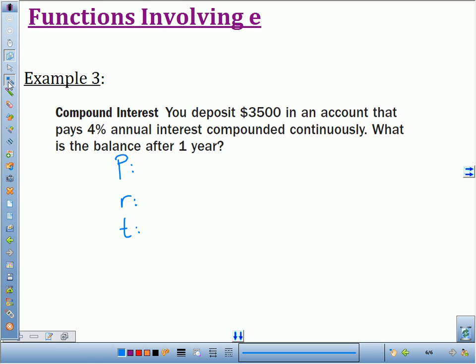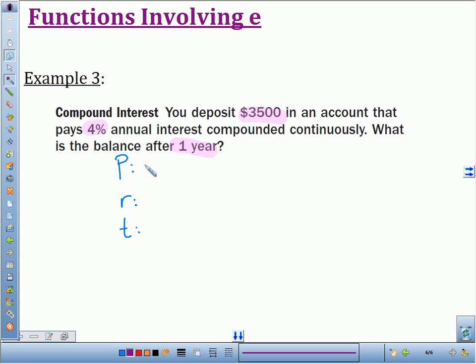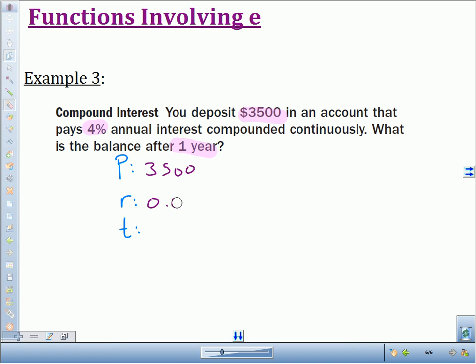Now, we deposit $3,500 into an account that pays 4% annual interest compounded continuously. What's the balance after 1 year? So we have values. We have principal of $3,500. We have the annual percent interest expressed as a decimal is 0.04. And we have T, the amount of years it's in the bank, is 1.